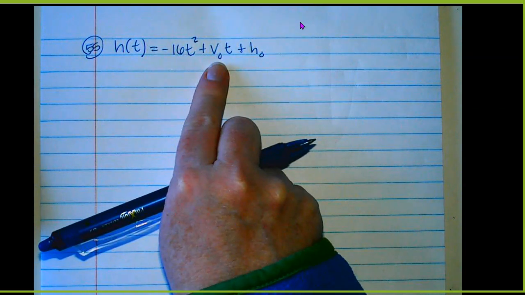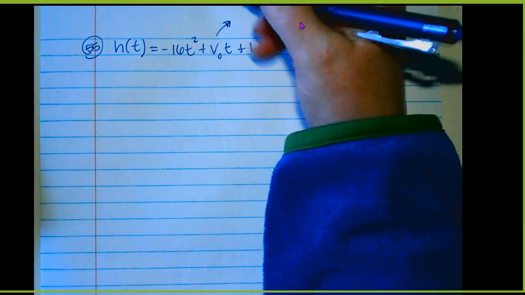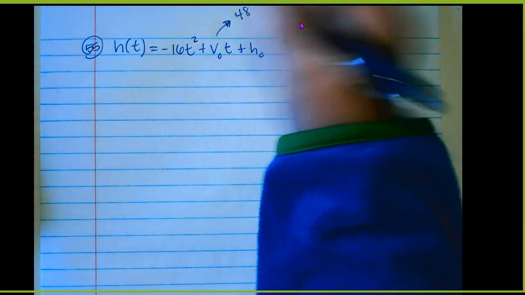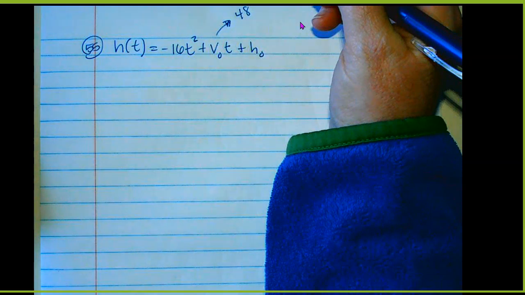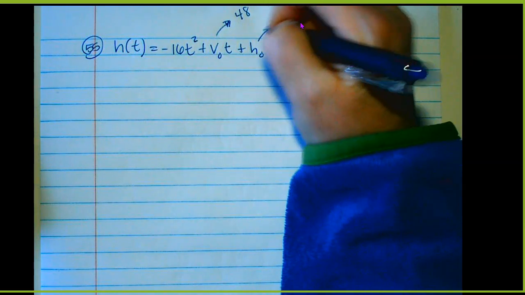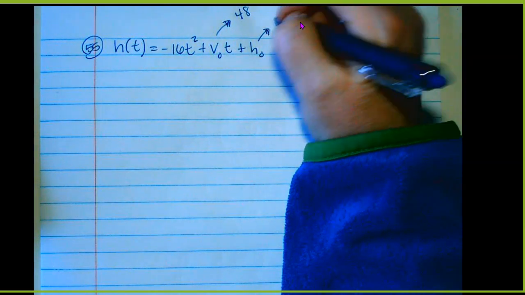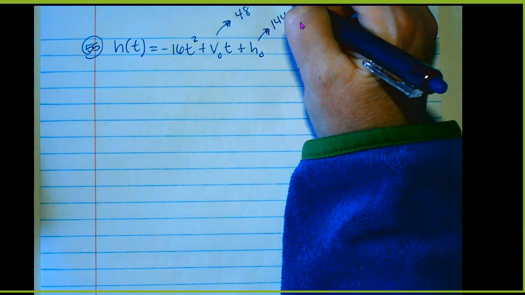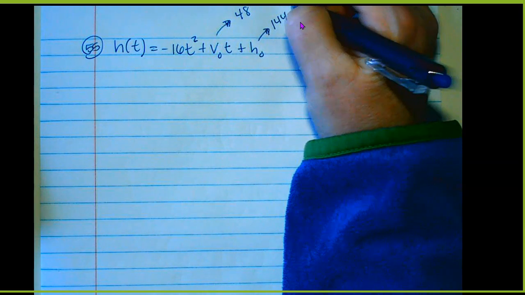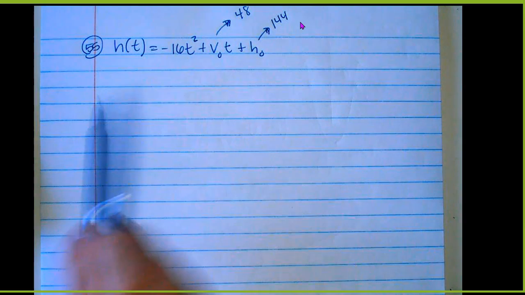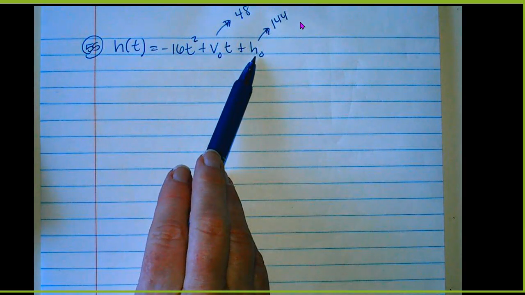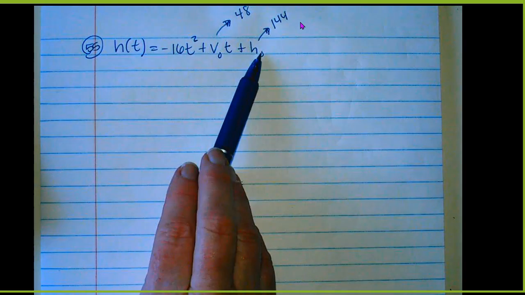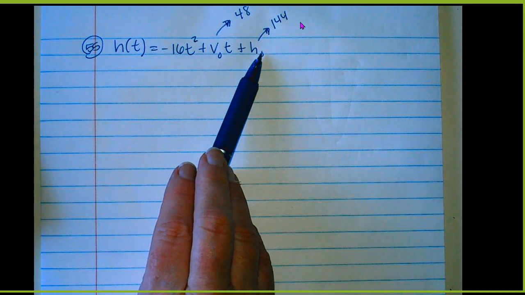Then velocity means that in 55, they say a ball is thrown upward. So this is the person throwing it and how hard they threw it. This is 48 feet per second. And then height is where the person's standing. So they're standing on a 144 foot tall building. So they told us to use this equation, and in this problem they told us these two pieces. So is that good? Like that part makes sense?